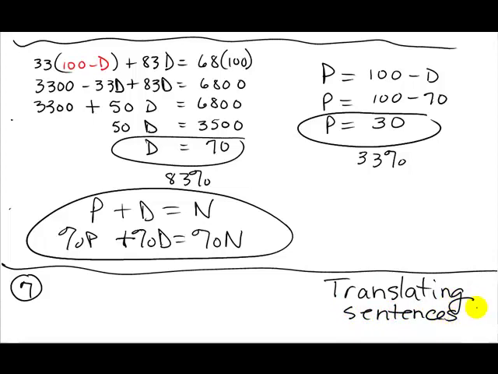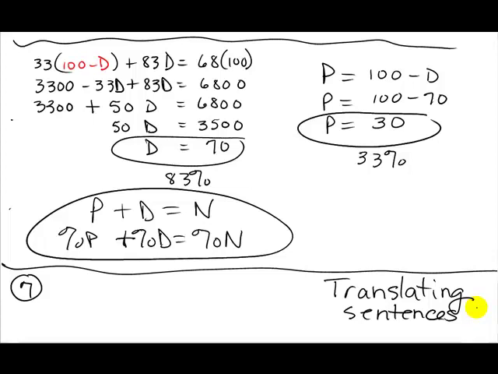When we read the first one: a vendor sells hot dogs and bags of potato chips. A customer buys 5 hot dogs and 3 bags of potato chips for $10.50. That is your first equation. Another customer buys 4 hot dogs and 2 bags of potato chips for $8. That is your second equation.